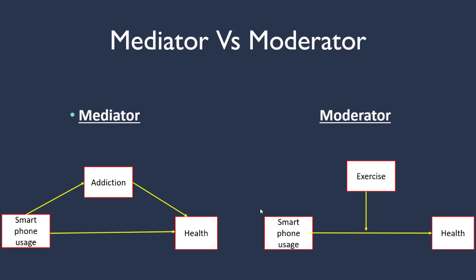But if you have an already existing relationship between IV and DV, and you are proposing that this moderating variable will affect the relationship or change the direction of the existing relationship, then it means that you are taking that variable as a moderator.